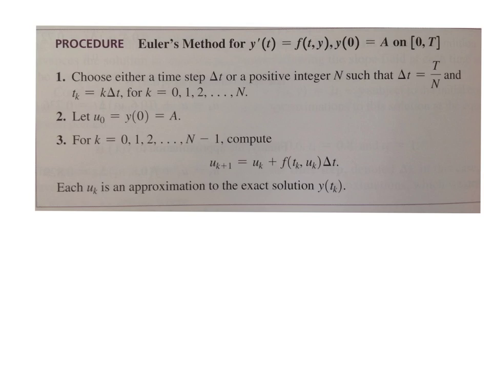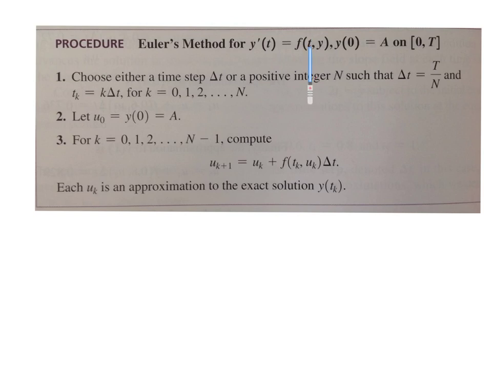Okay, so this is just what the book says is our procedure for using Euler's method. And it's basically just everything I just tried to say. We have this differential equation, and remembering that a differential equation is just giving you the slope at a certain point. Our point is a little different than before.